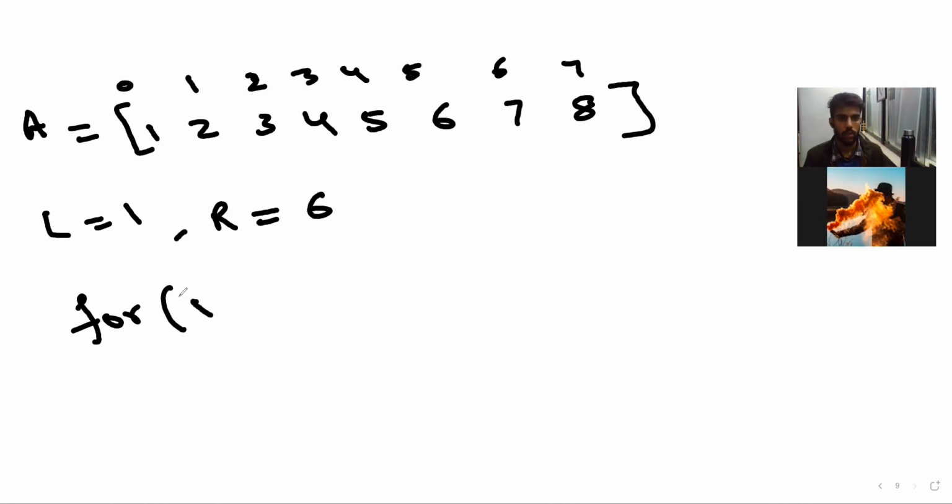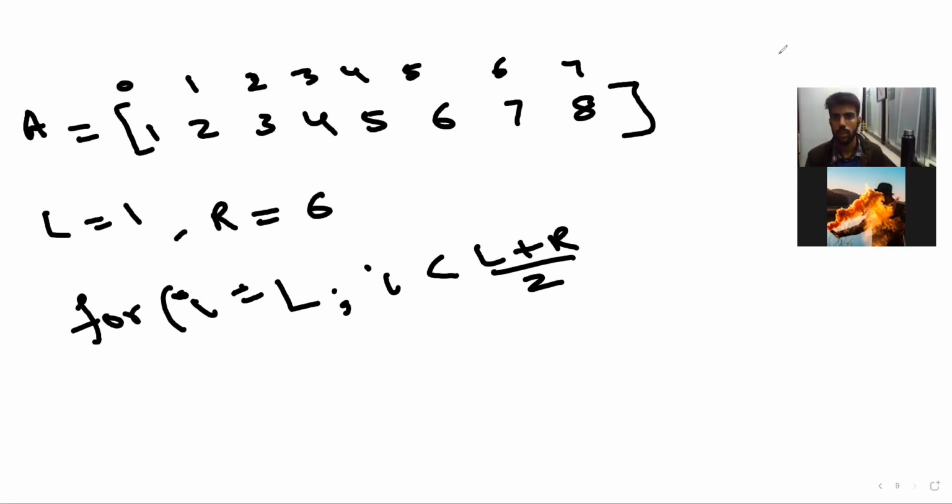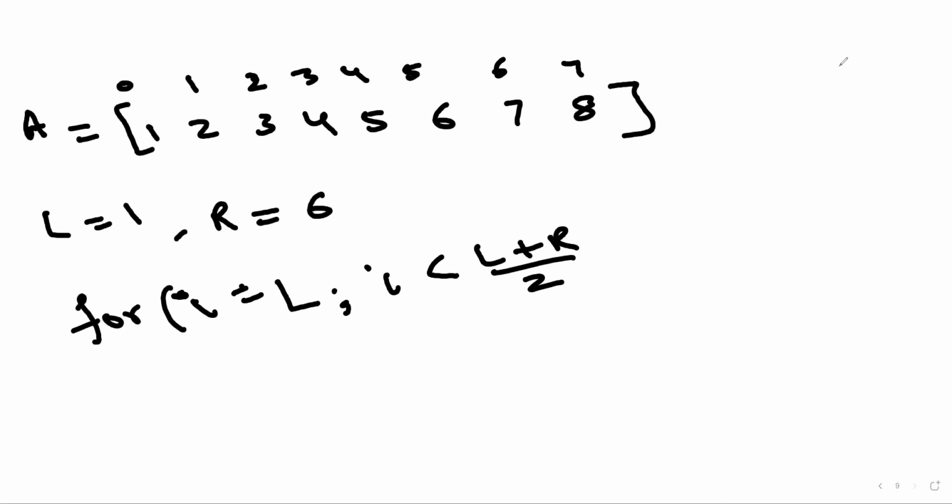So what we are trying to do is start from L, as you suggested, and go till L plus R by 2. L plus R by 2 in this example would be 6 plus 1 by 2, right? This would give you the element 4.